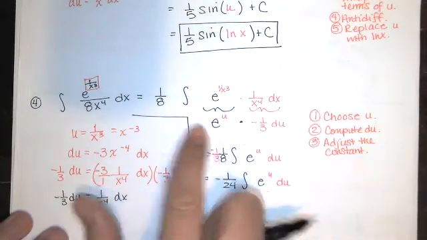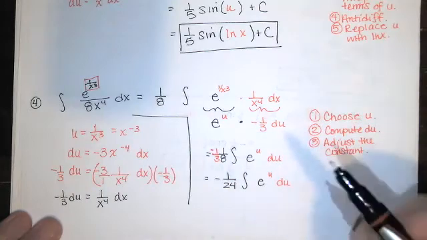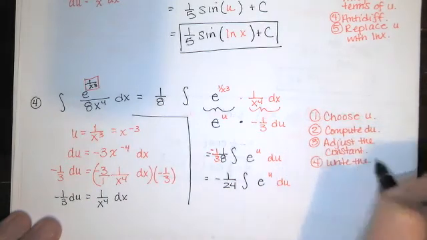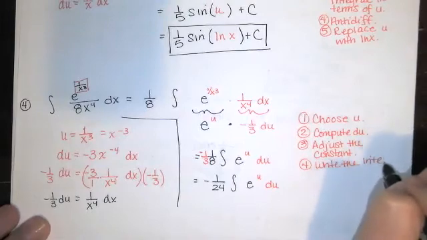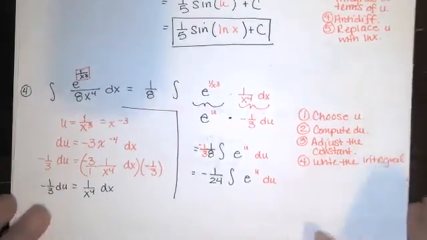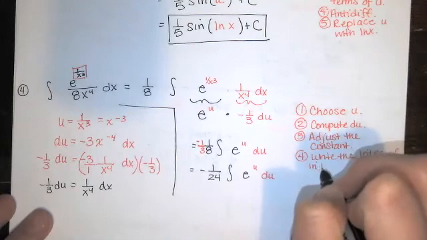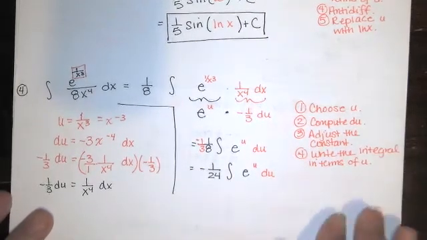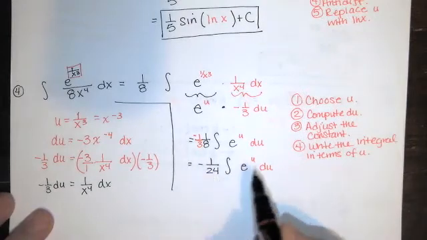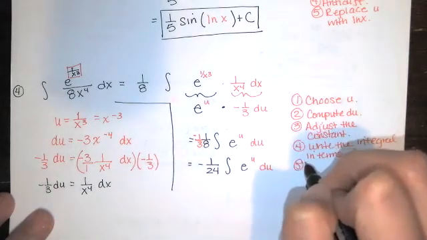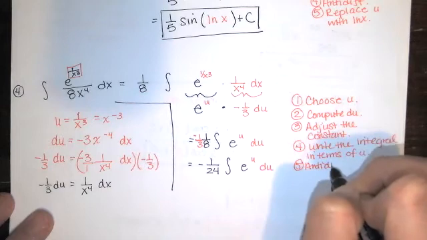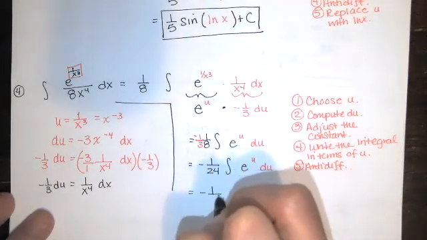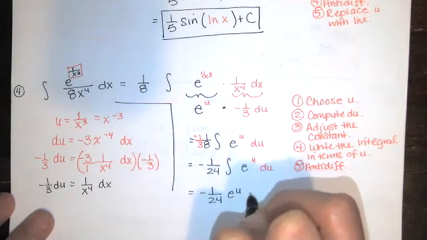I replace that with e to the u. The 1/8 I factored out. So we write the integral in terms of u. And then after we write the integral in terms of u, if we've got a basic rule, we antidifferentiate. The antiderivative of e to the u is e to the u plus c.